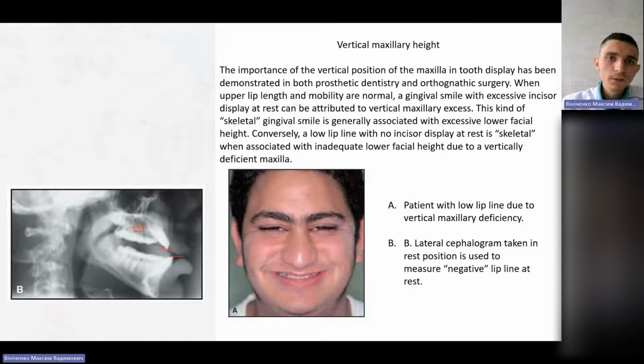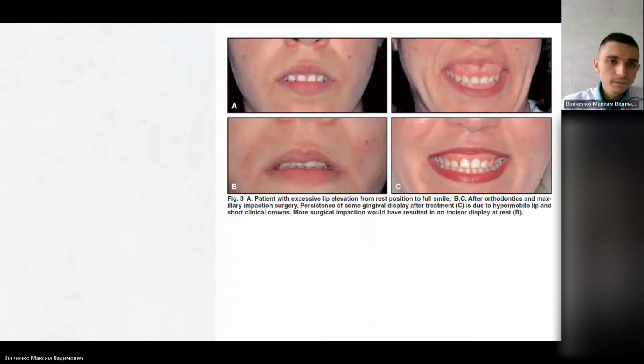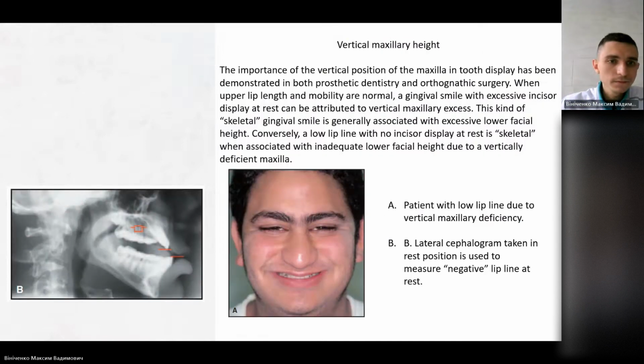Conversely, a low lip line with no incisor display at rest is skeletal when associated with inadequate lower facial height due to a vertically deficient maxilla. In picture A, it is a patient with a low lip line due to a vertical maxillary deficiency, and this is his lateral cephalogram.